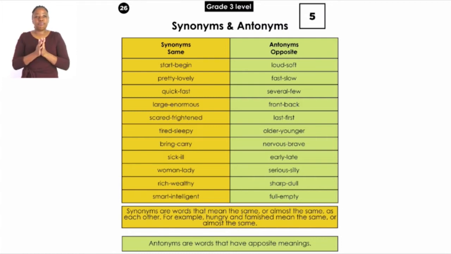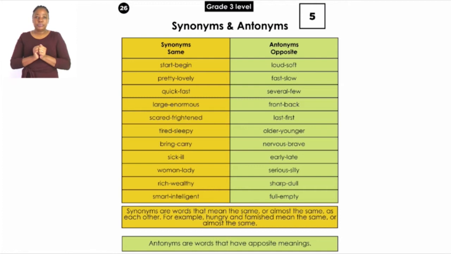Large can mean enormous. Scared can mean frightened. And so on and so forth. If you look at me, I am a woman, but I can also be called a lady. So a synonym is a word that means the same or has the same meaning as another word.